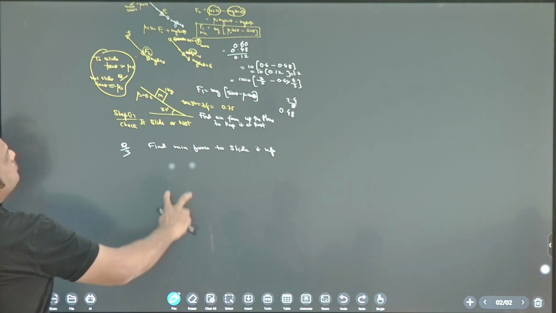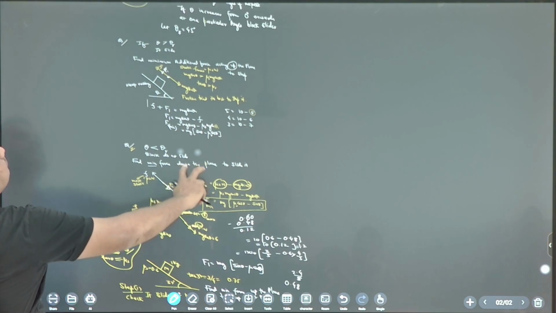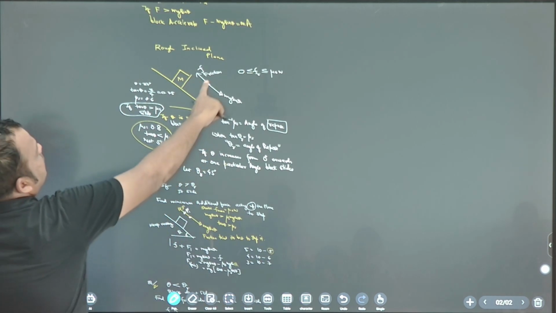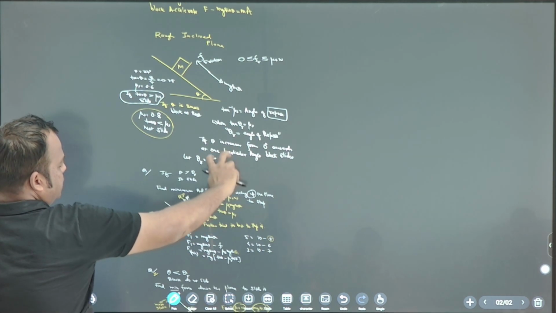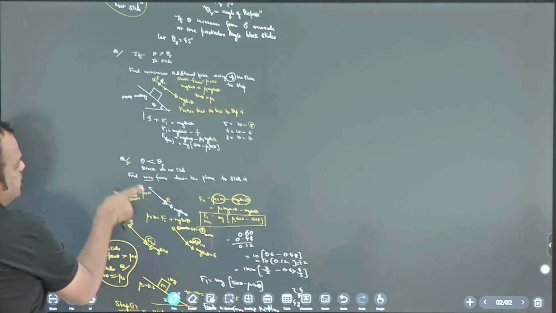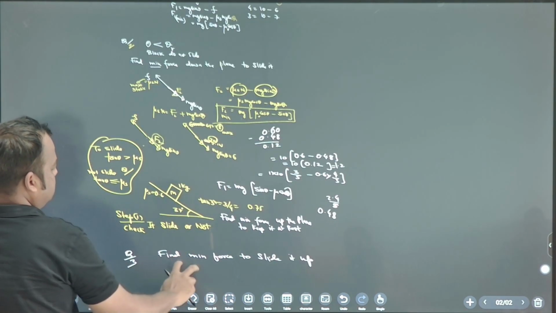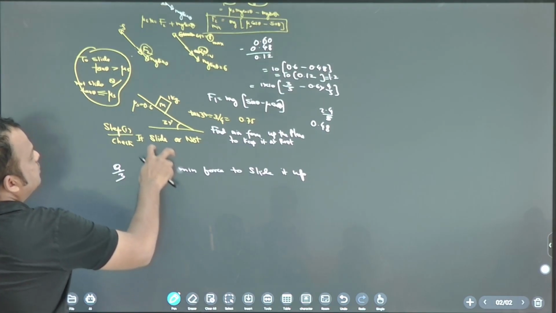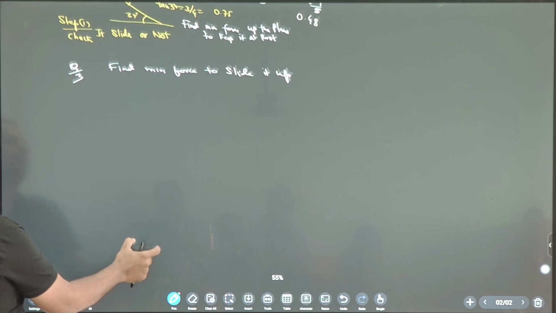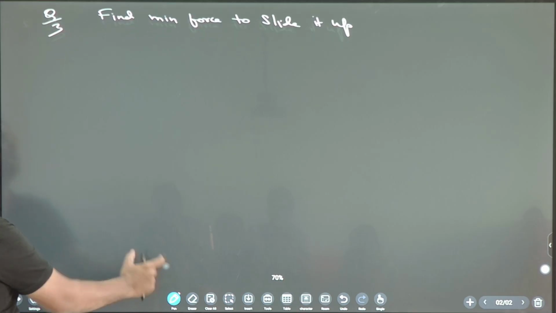Okay, understood? You can check. This is question 1, friction is acting up. Question 2 also, friction is acting up. Now you have the third question: find minimum force to slide it up.